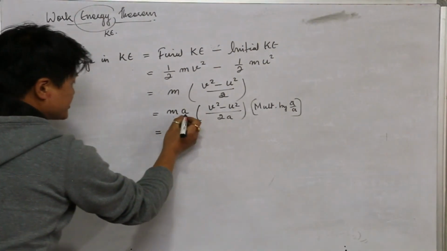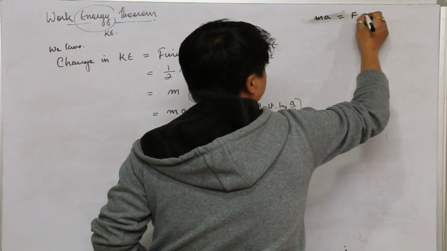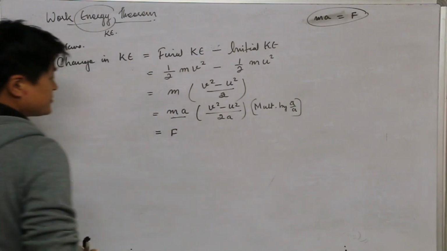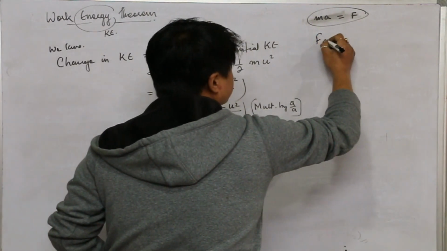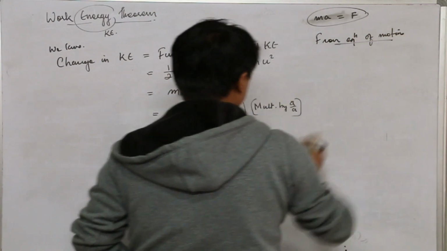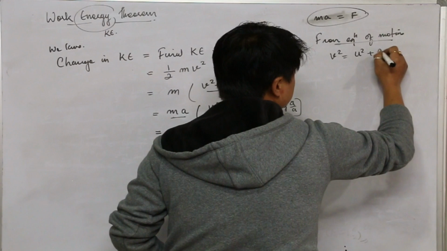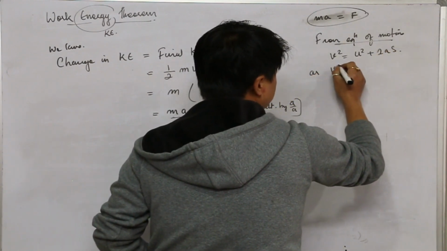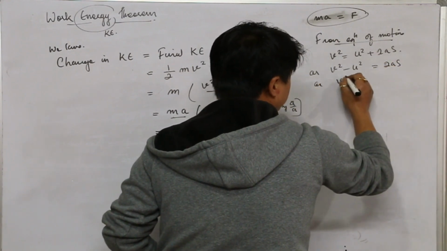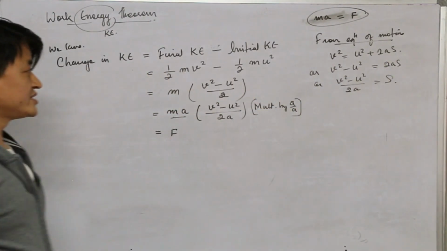So here m a is mass into acceleration, and mass into acceleration is what? It's your force. Force is equal to mass into acceleration. So m a will give you force, and from the equation of motion, what do we get here? v square is equal to u square plus 2as, or v square minus u square is equal to 2as, or v square minus u square divided by 2a is equal to s. s is the displacement.